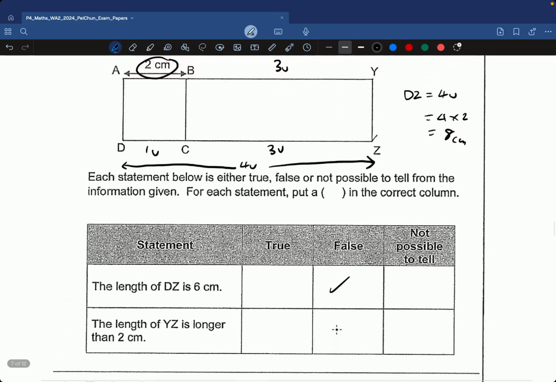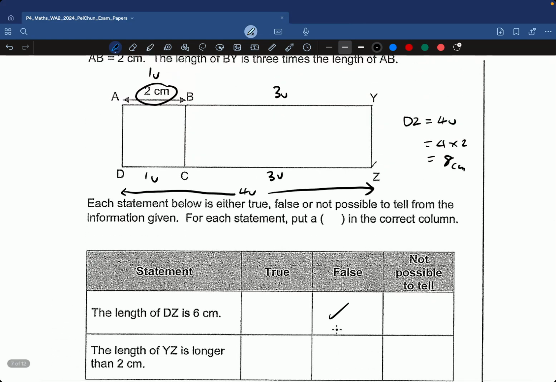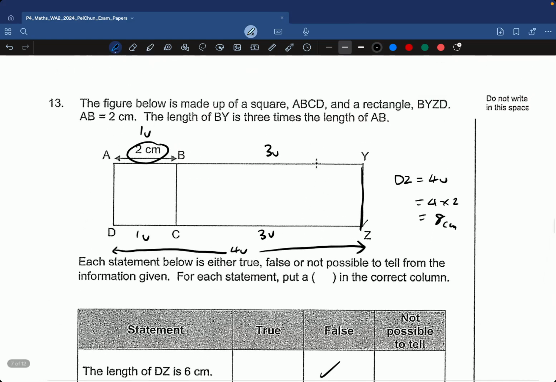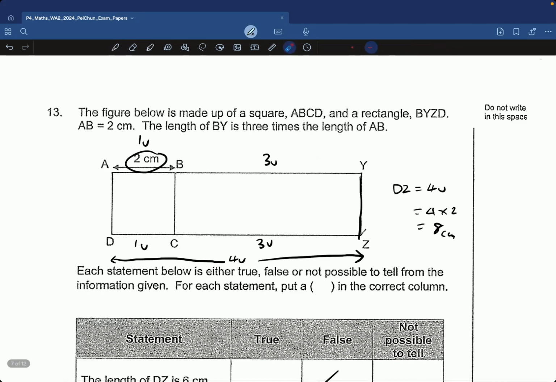How about the length of YZ? So YZ over here is longer than 2 cm. Okay, so we know that ABCD is a square. That means all of the sides of the square are equal. If one side is 2 centimeters, that means the other side is also 2 centimeters.